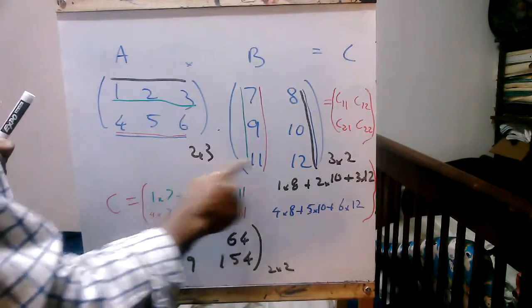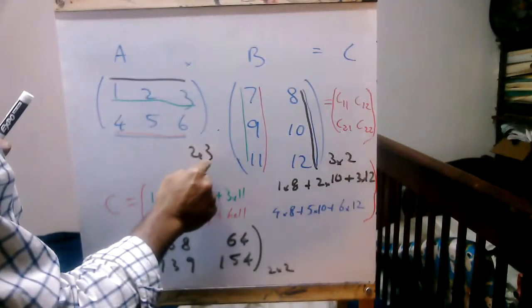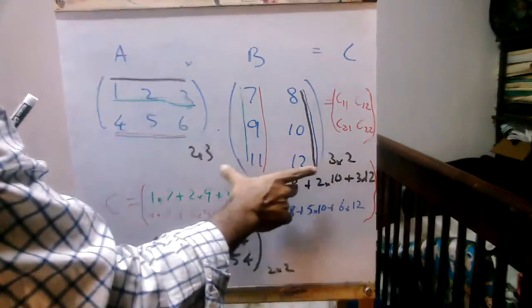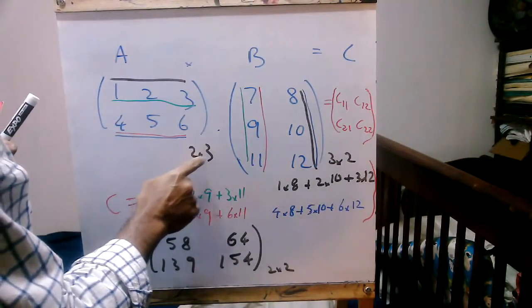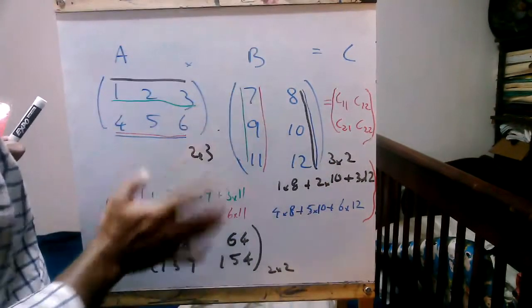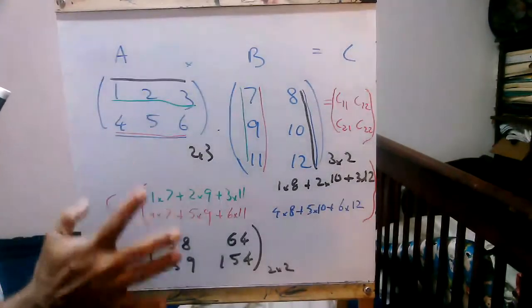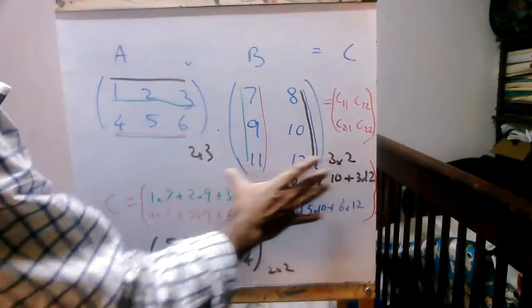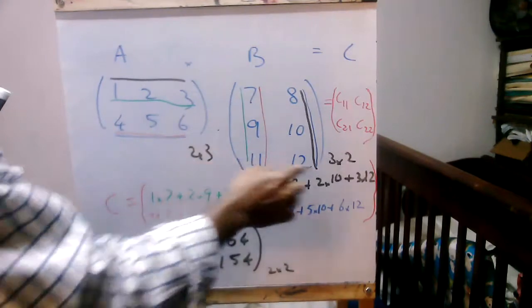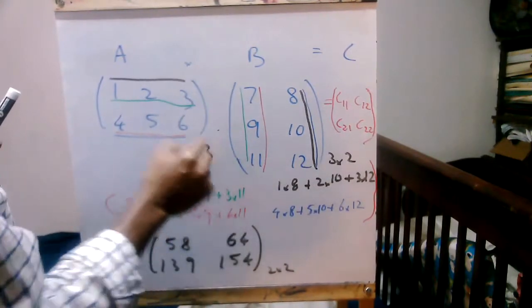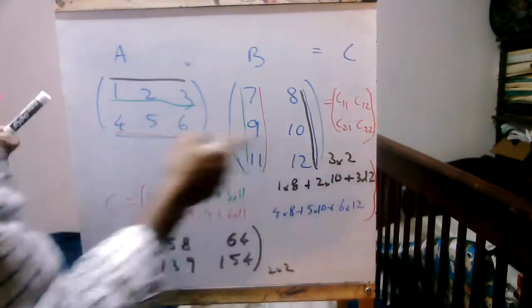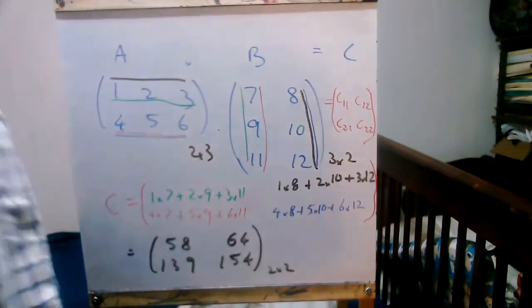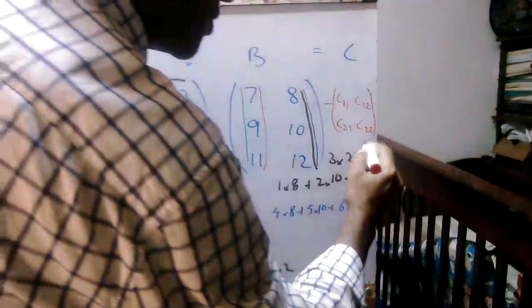This is 2 by 3, this is 3 by 2. You eliminate the number common in the middle. If it is not common, you say no, we cannot do that multiplication. If this number is common, meaning the number in between is the same, you say okay, the resultant should be 2 by 2, right? The resultant is 2 by 2.